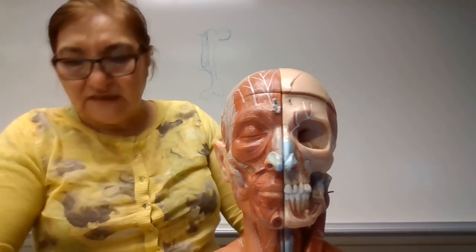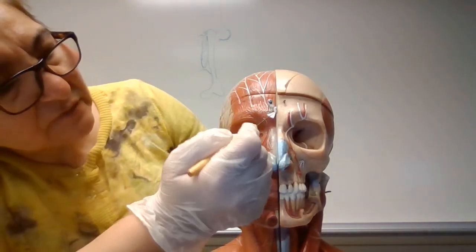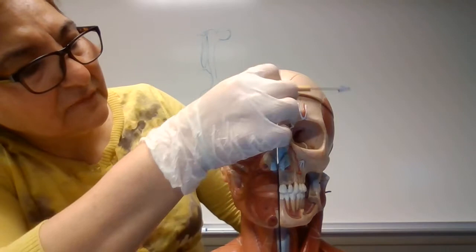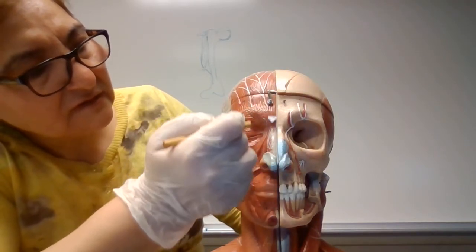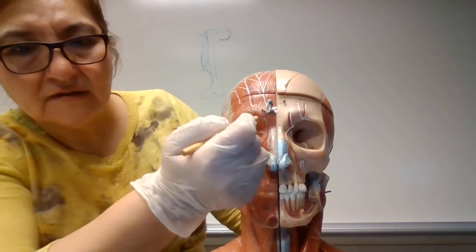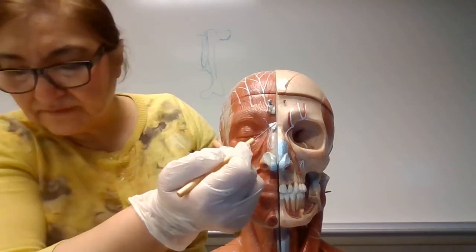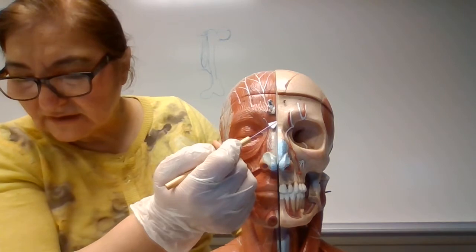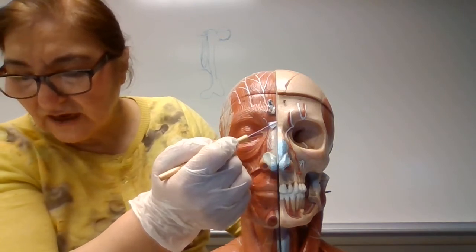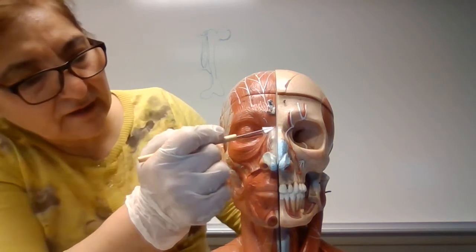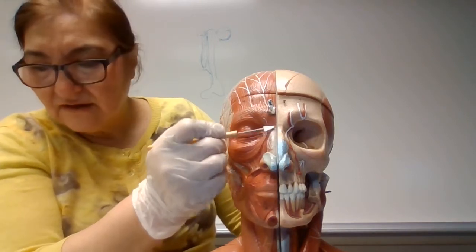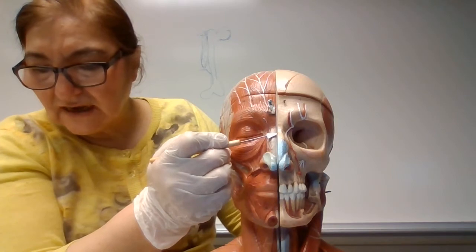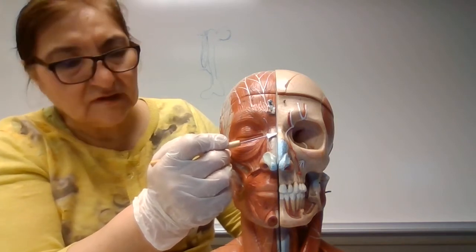The third one is the procerus. It's like a triangle muscle. I'm pointing at the procerus muscle. The origin is the fascia over the nasal bone. The insertion is the skin between the two eyebrows.